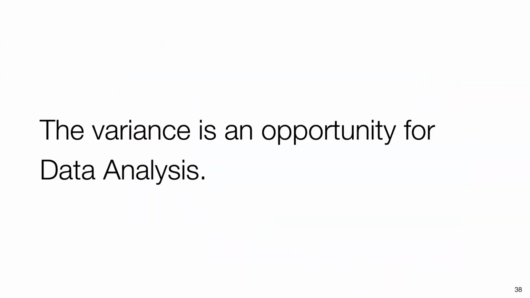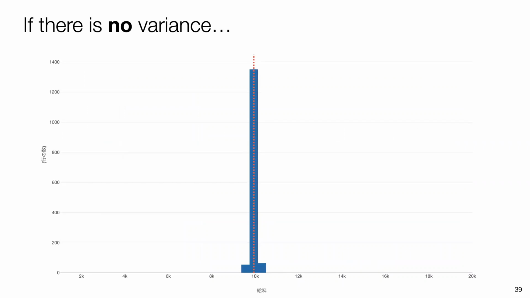But variance is an opportunity for data analysis. If you don't have variance in the data, let's say everybody in this company makes $10,000, and you ask, hey, how do you decide the salary? The answer is right there: nobody decided, it's always $10,000. That's the end of data analysis, and you're done.